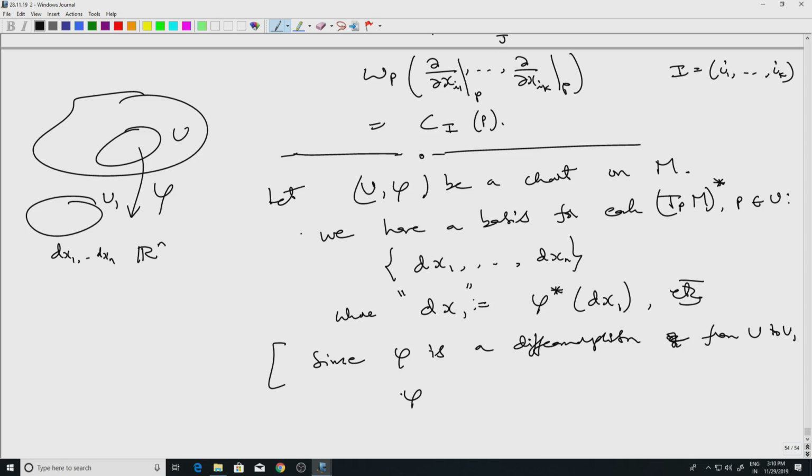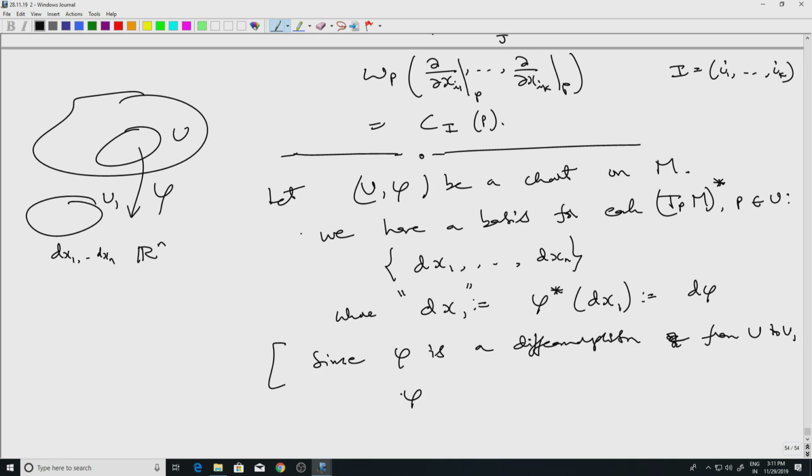Oh, by the way, phi upper star here, I should clarify this notation. It's a slightly misleading notation, but this is standard. When one says phi upper star, what one means is d phi. So actually phi is just a map of open sets.